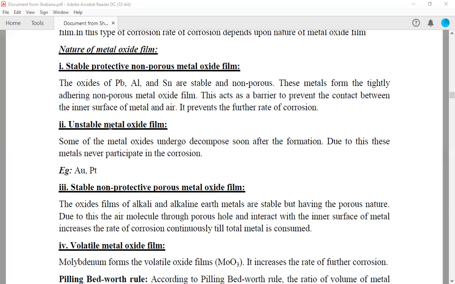This type is formed by alkali and alkali earth metals. They have a porous nature, so air molecules enter through the porous holes and interact with the inner surface of the metal, which increases the rate of corrosion continuously till the total metal is consumed.